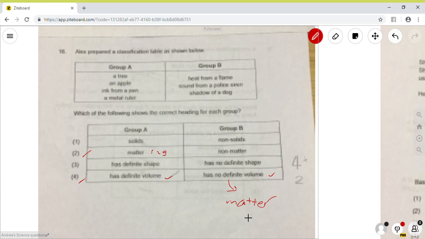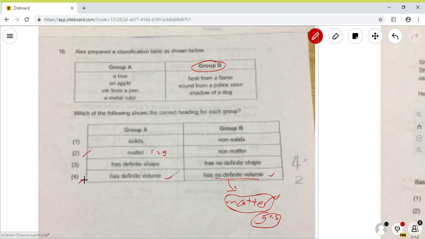Do you remember? Yes, gas. Gas doesn't have definite volume, right? So the problem now is that these are not matter at all. Group B, they are not even matter to begin with. But the description of having no definite volume is to describe matter. I see. Can you see that? So here is a case of which is a better answer.